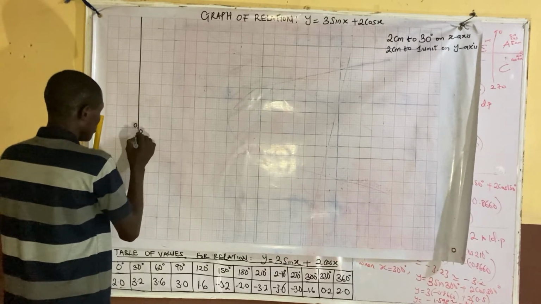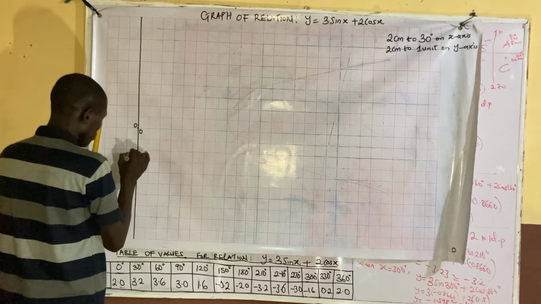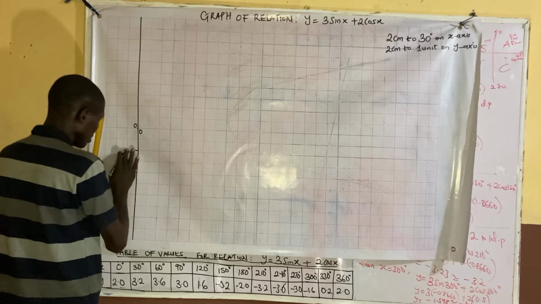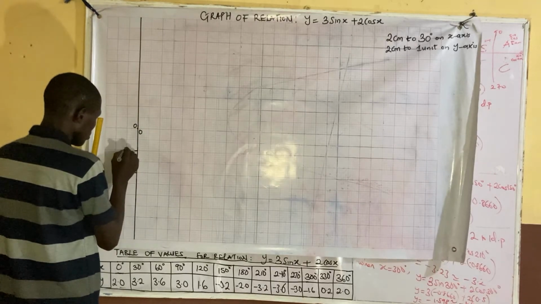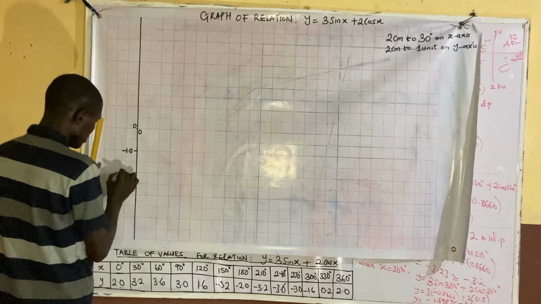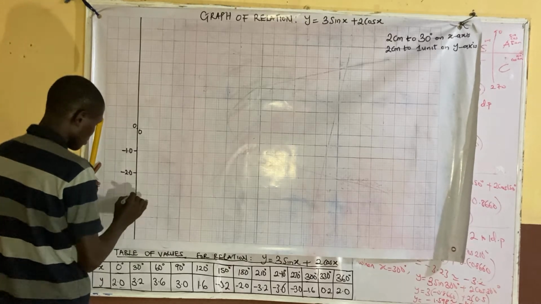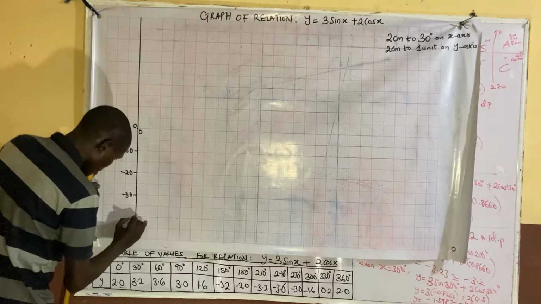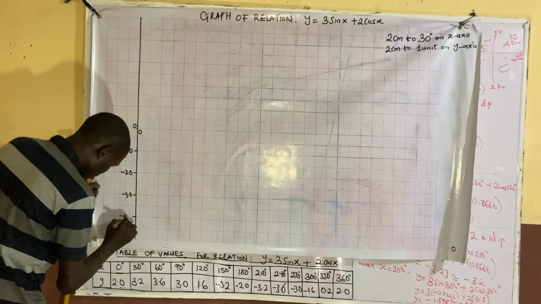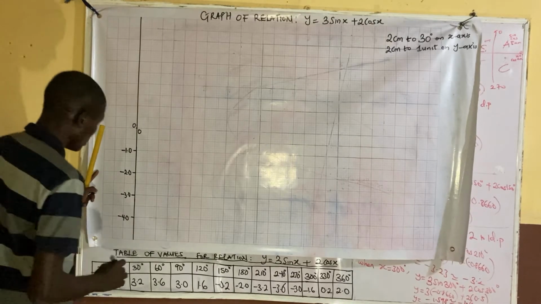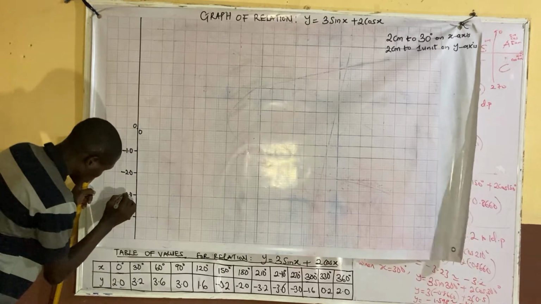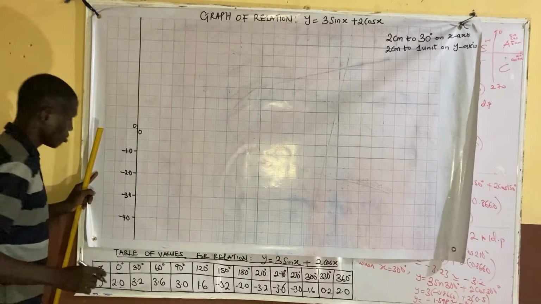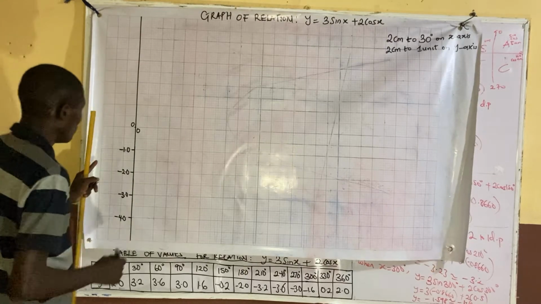0 now. Now this one will be what? Minus 1.0. You don't forget we are using one decimal place. So this will be minus 1.0, minus 2.0, minus 3.0, minus 4.0.